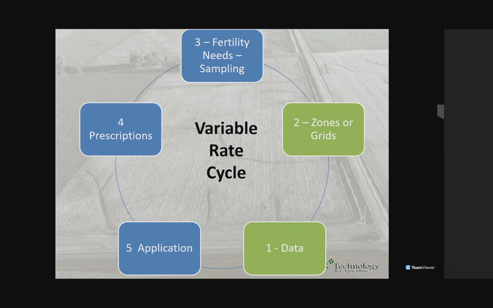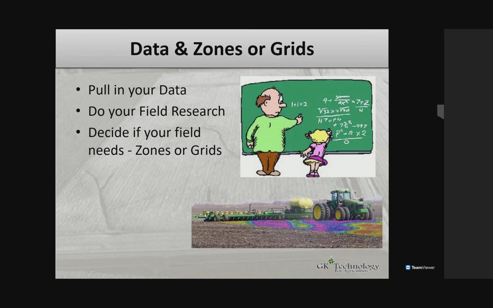So we're kind of picking up on the backside of the data. I'm going to be using that to derive either our zones or our grids. But then you've got your fertility needs, you're going out soil sampling, your prescription writing, whatever prescription methods you're believing and/or needing to do, and then the application, taking it back out to the field. So we're going to focus on zones versus grids.